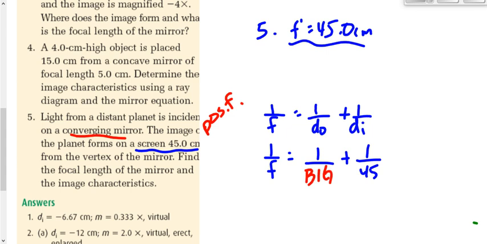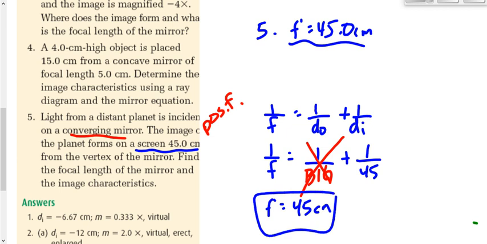Not big. 1 over really, really big is really small. Effectively 0. Right? Compared to 45, that's going to be 0. It's not going to be 0, but it's going to be close enough to 0 because 1 over 45 is my other number. So that makes f what? That makes f 45 centimeters.